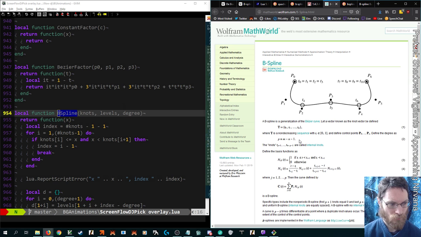So we failed to look up a level, but the number of levels or control points is defined by m and n relative to degree.